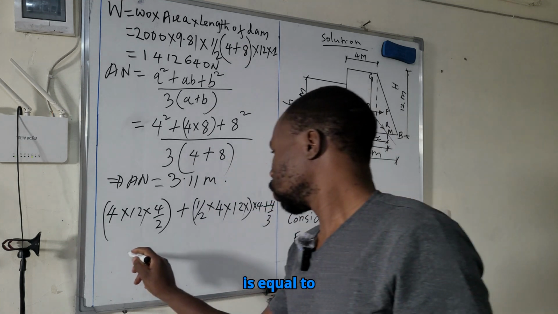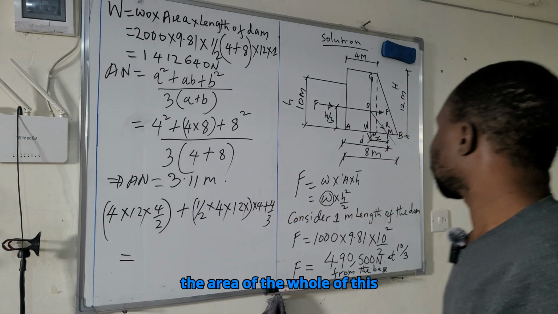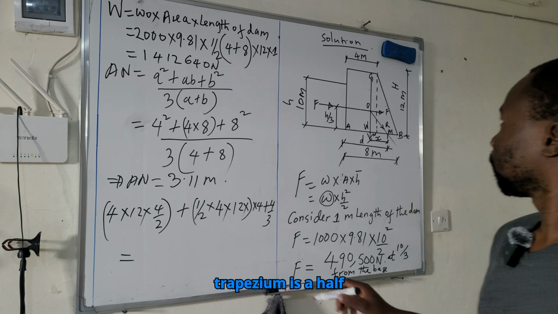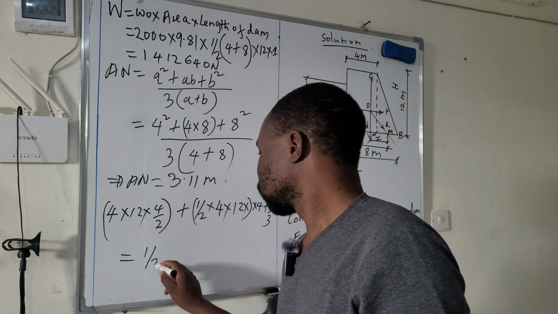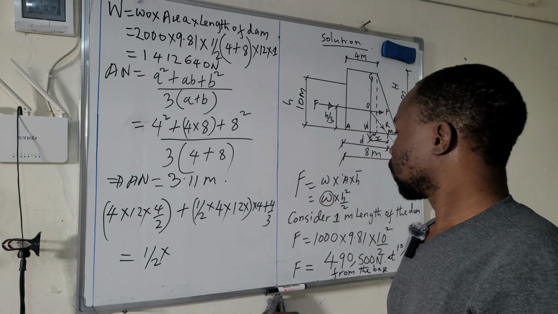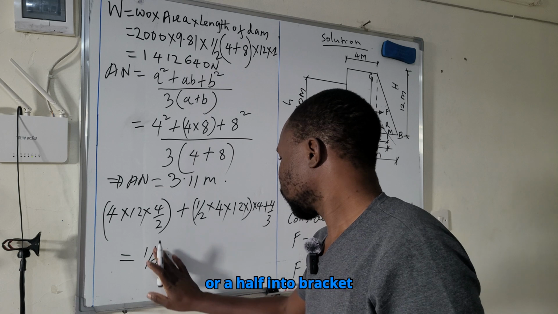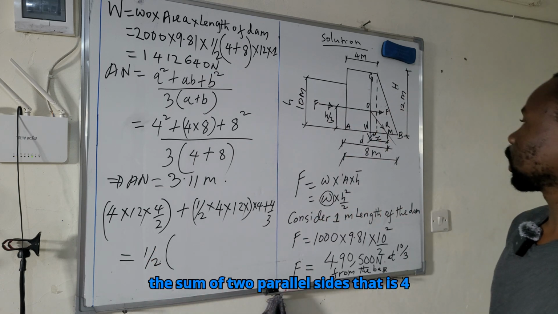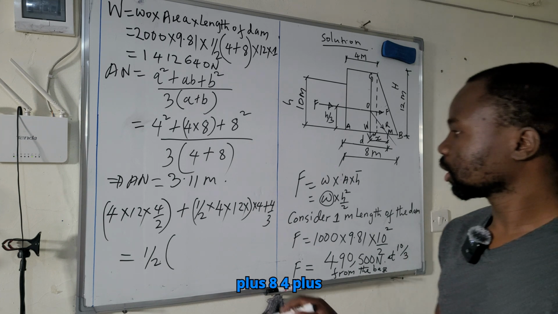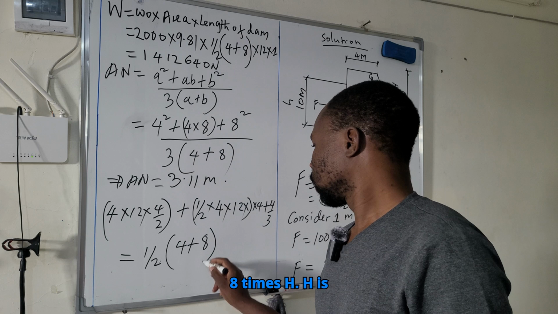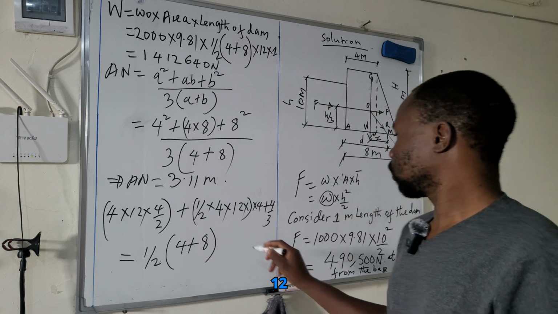is equal to the area of the whole of this trapezium, a half into bracket, the sum of two parallel sides, that is 4 plus 8, times h which is 12.